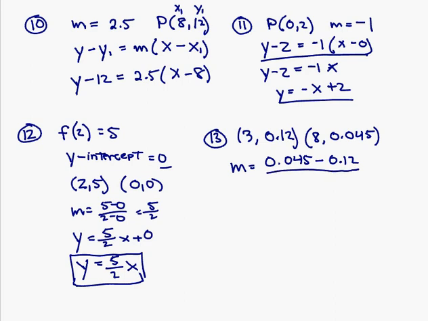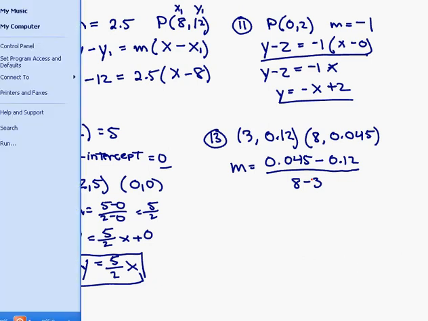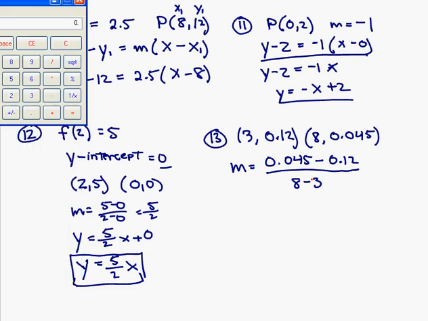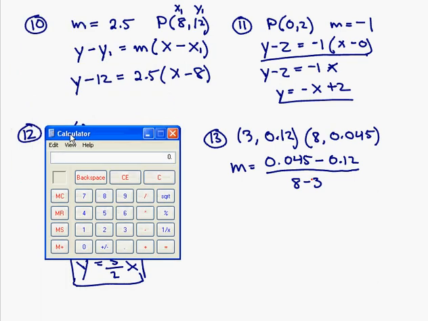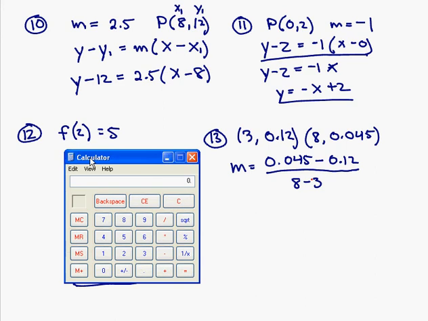Okay, so if I look at my calculator, 0.045 minus 0.12, I get negative 0.075.